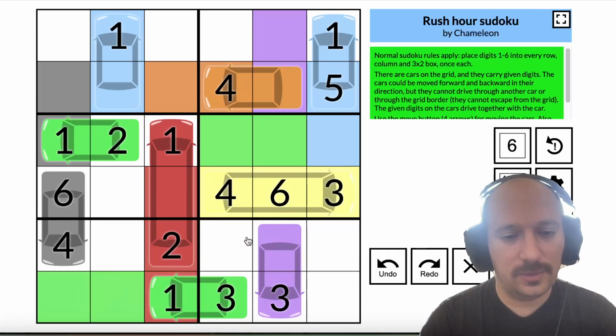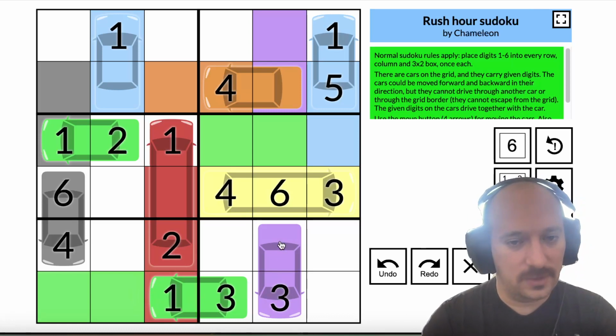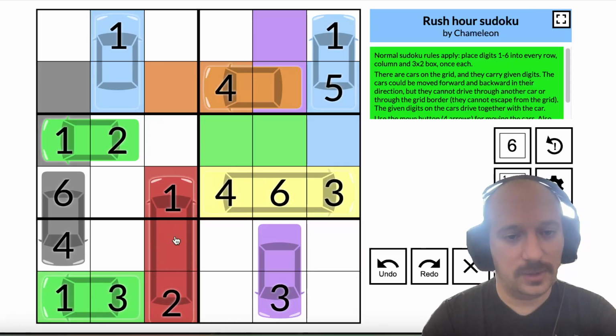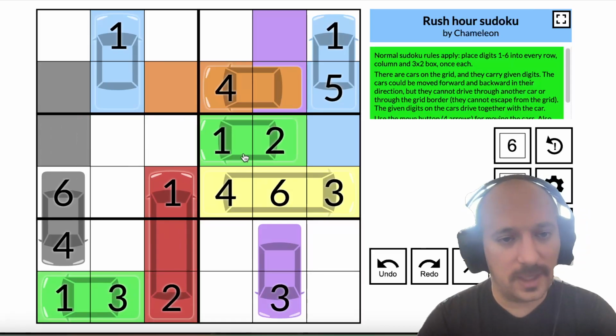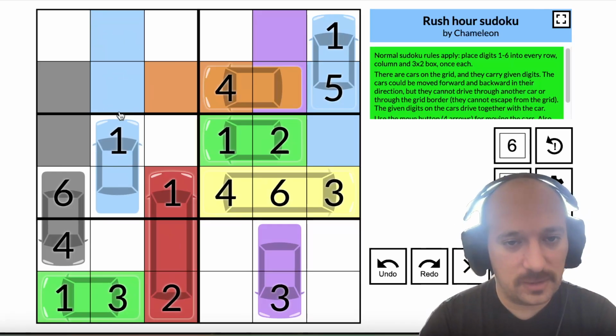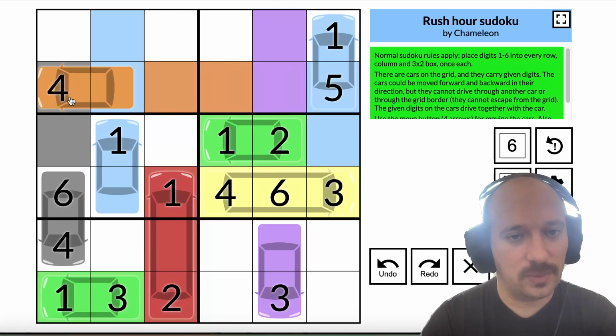In order to move the red down to the bottom, we need to move the green. And we know that this one is still stuck, so we move it to the left. Now we do that. Now we move this one out of the way. So we achieved what we wanted to.